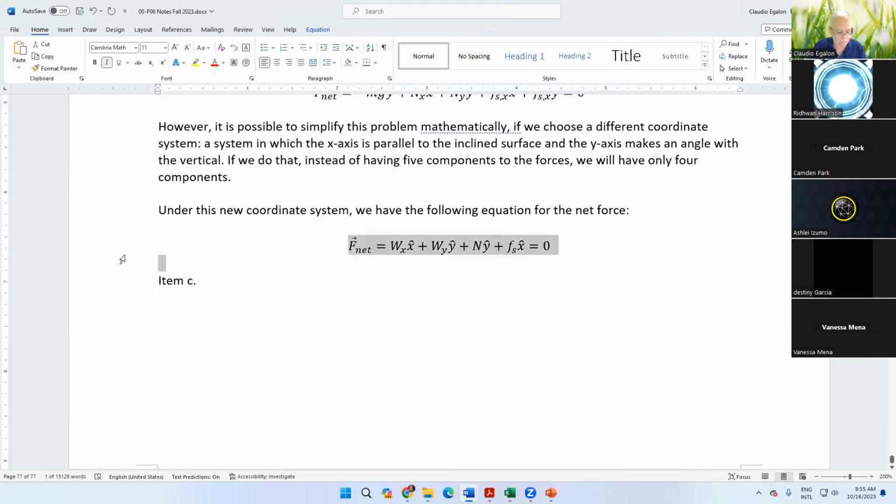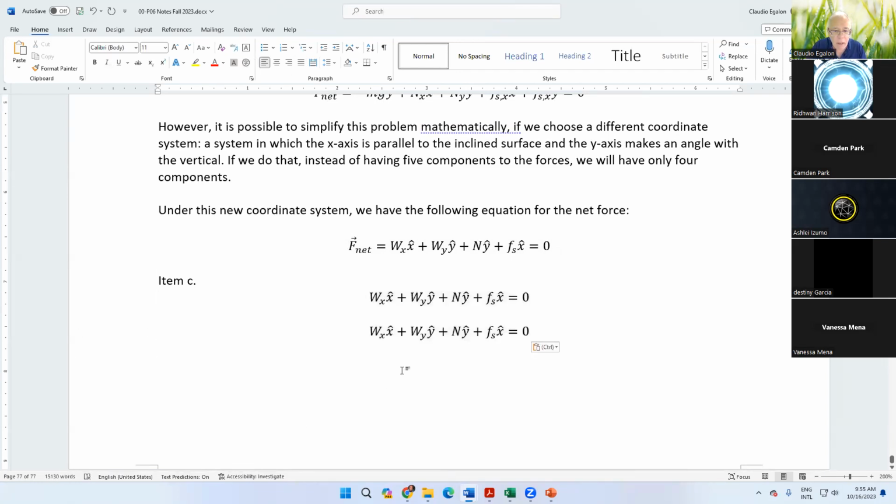We start with this one. We do not need the net force anymore. So we're going to have two equations equal to 0, right?